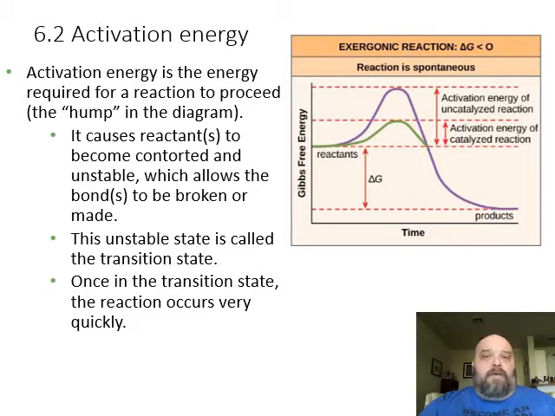Whereas other reactions, you just had to put it in the test tube, and then they said, be careful, it's going to get hot, and it just heats up on its own. Well, it turns out those are reactions where delta G is below zero. It's negative. Those are reactions that are just going to occur, and it's going to give off energy.